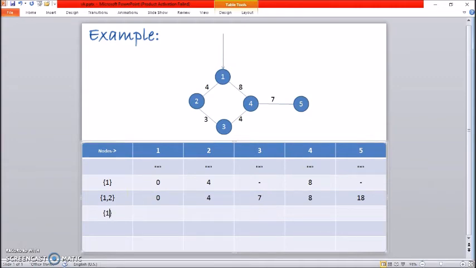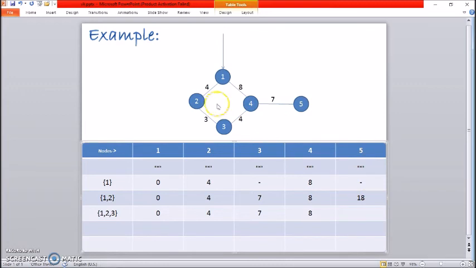For 1, 2 and 3, the distances stay the same: 0, 4, 7. Now the distance of 4 when we visit node number 3 will be as it is: 4 plus 7 plus 4 is 11, and the distance from 1 to 4 directly is 8, so it will be 8 as it is.